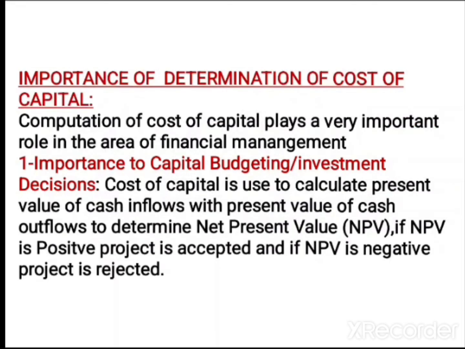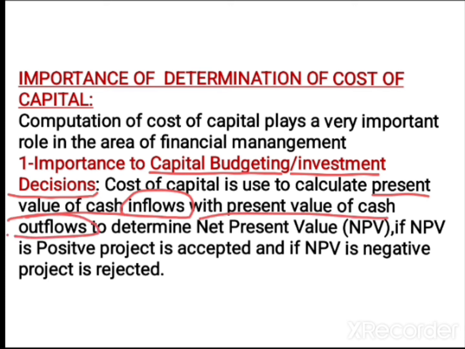Cost of capital is helpful in capital budgeting and investment decisions. How? Let's see. Cost of capital is used to compare the present value of cash inflows with the present value of cash outflows to determine net present value. If NPV is positive, the project is accepted.